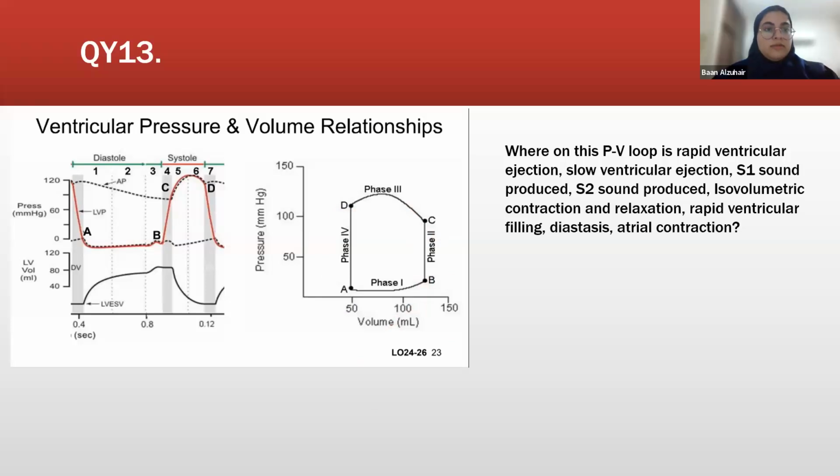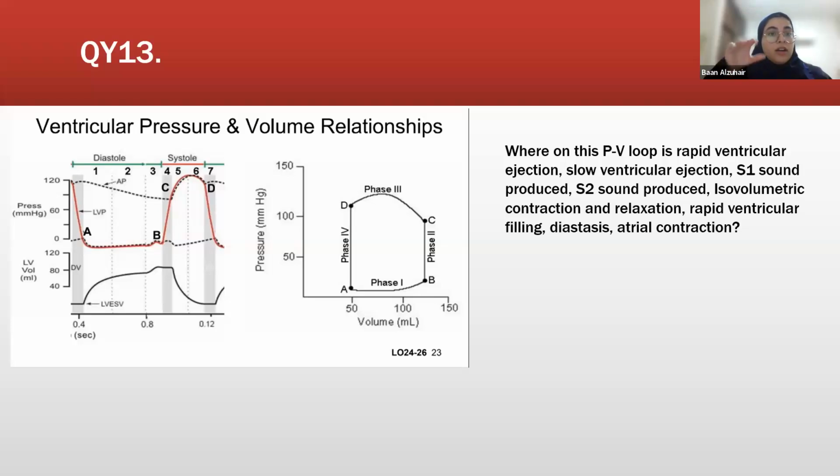Think about it this way. Fluids flow from high pressure areas to low pressure areas. So the atria will accommodate a lot of blood until the pressure in the atria is really high, way higher than the ventricle. That's why you have passive filling. It's just flowing. And then when most of the blood has gone into the ventricle, but not all of it, the pressure in the ventricle and the atria are starting to get equal.